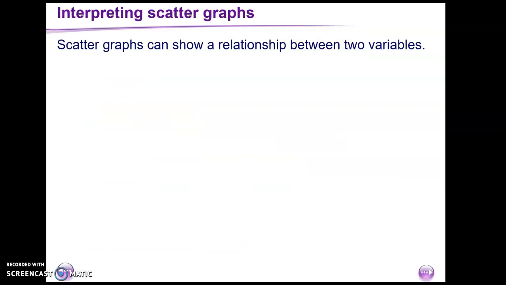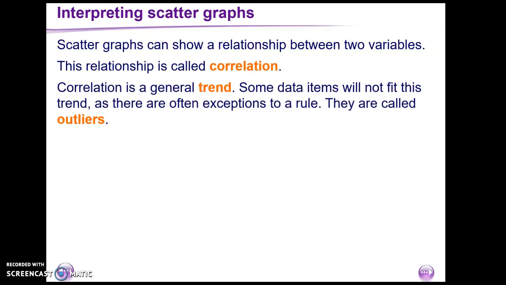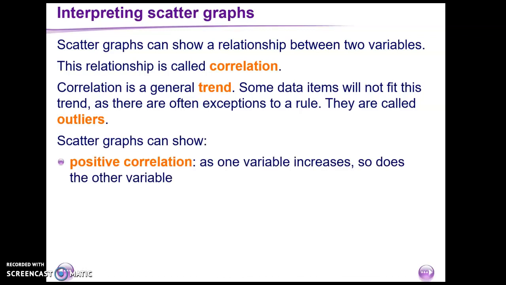Scatter graphs can show a relationship between two variables, and the relationship is always called a correlation. Correlation is a general trend, and some data items will not fit this trend. They are often called outliers, or extreme values is another word we may use for that.